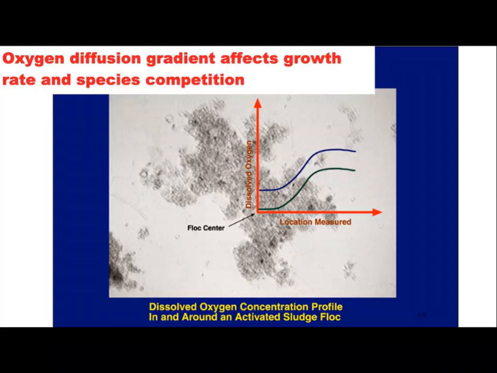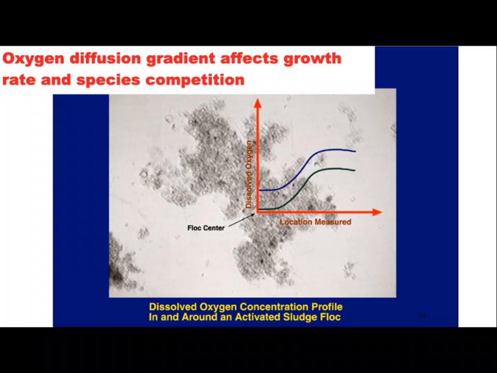This is a graphic that's trying to illustrate the idea that if we look at a flock, there's a dissolved oxygen, and the DO that would be measured is going to be lower inside the flock, in the center of the flock, than it would be on the outside, right? And so there's what's called a diffusion gradient from the outside to the inside.